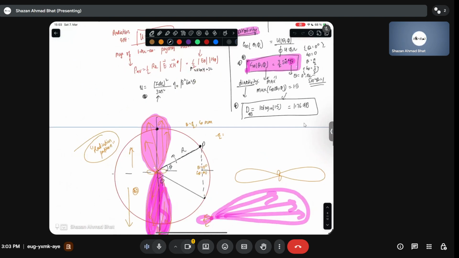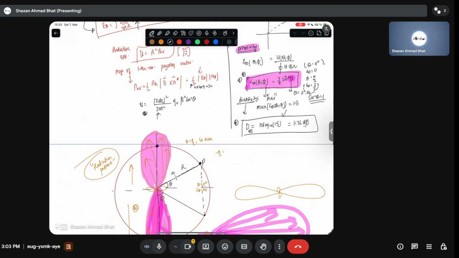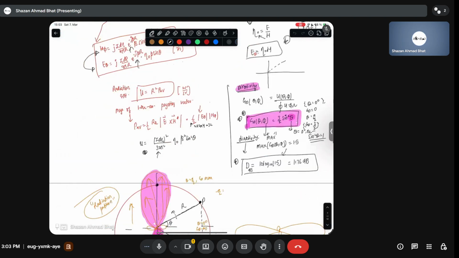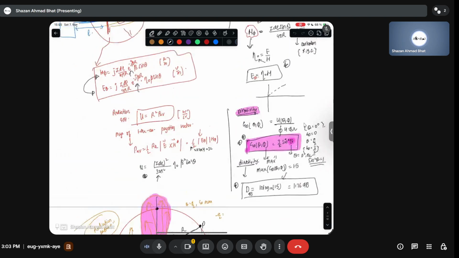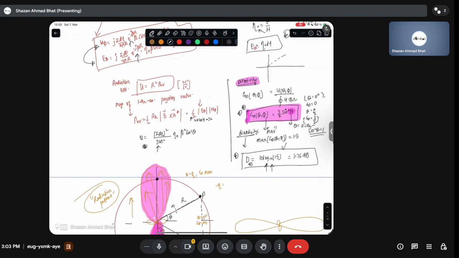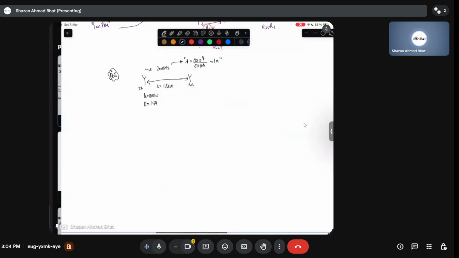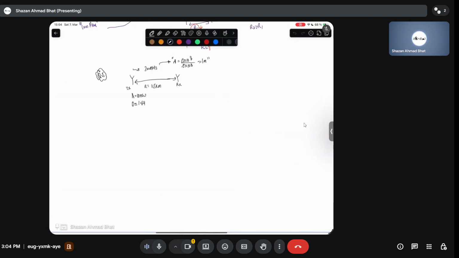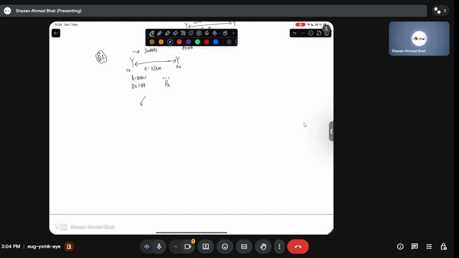If you write the directivity as a maximum of the directivity function, which is basically the average of the U function, then the directivity can be written in terms of the logarithmic function also. So essentially, what you need to find is the received power. You're going to use the Friis transmission equation to compute the received power.